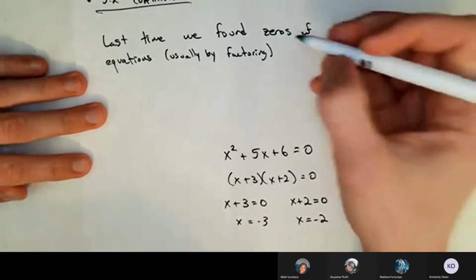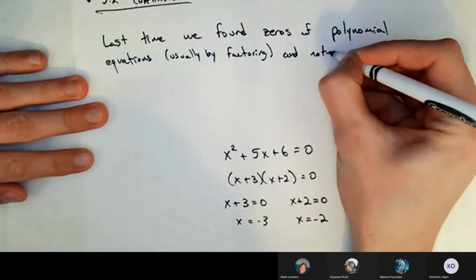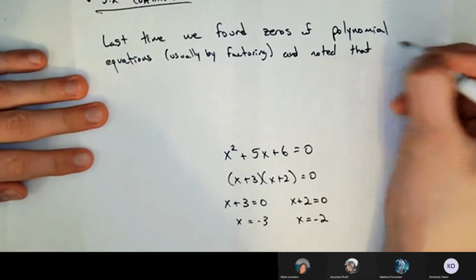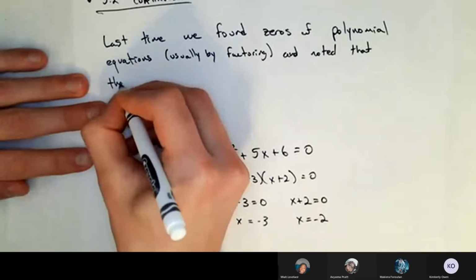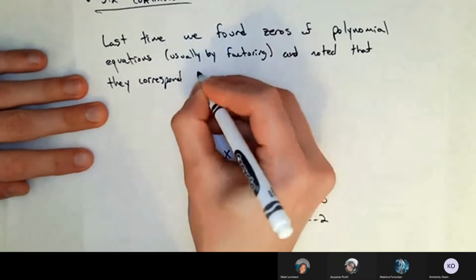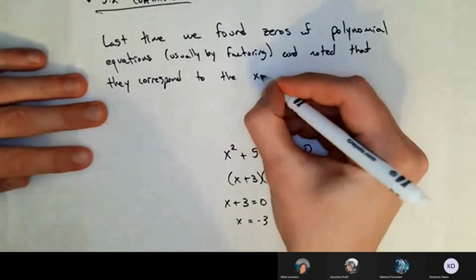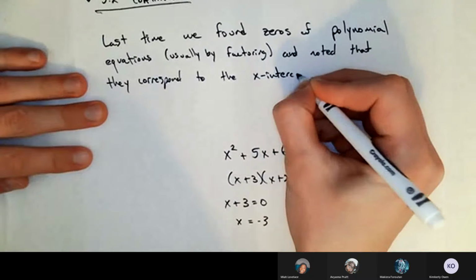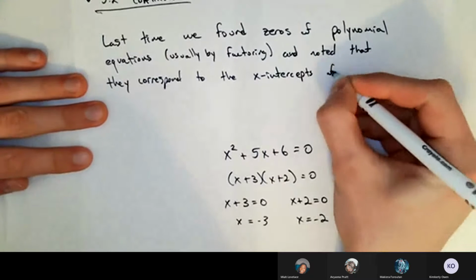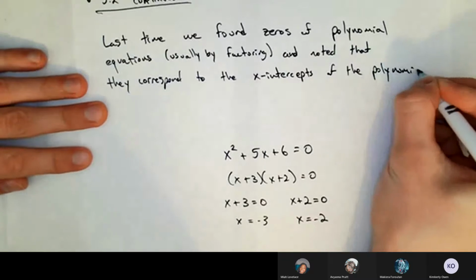We found zeros of polynomial equations by factoring, and we noted that they correspond to the x-intercepts of the polynomial function.